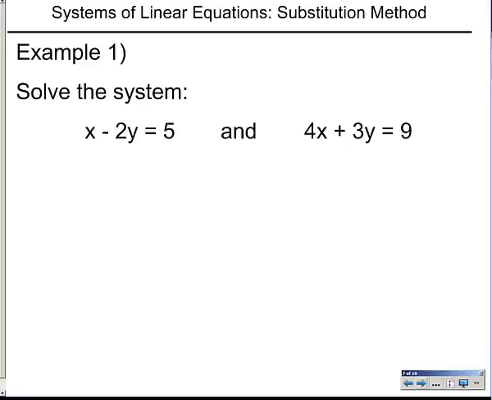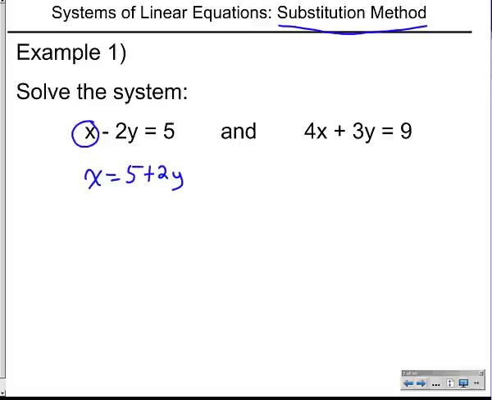Example 1, we want to solve these systems, and we're going to use the substitution method. Now, the substitution method works best when you have one variable already isolated, or one variable that has a coefficient of 1. That x has a coefficient of 1. So I'm going to rewrite that as x equals 5 plus 2y.